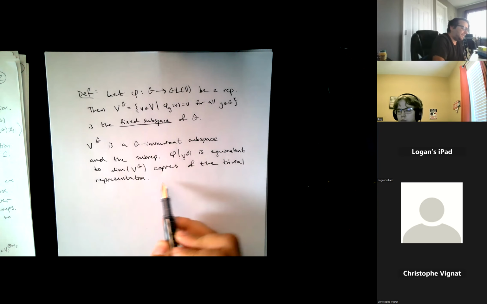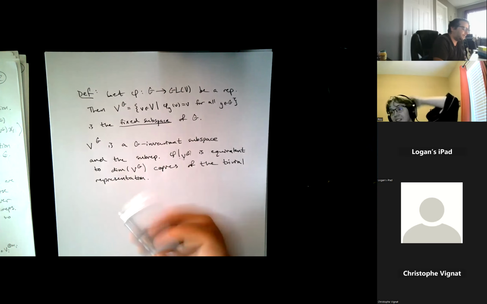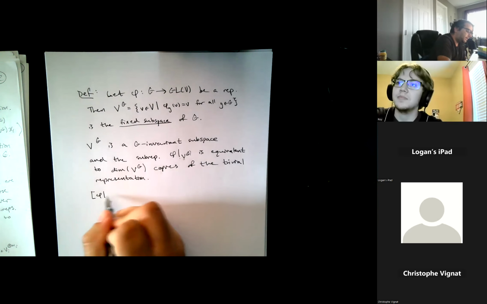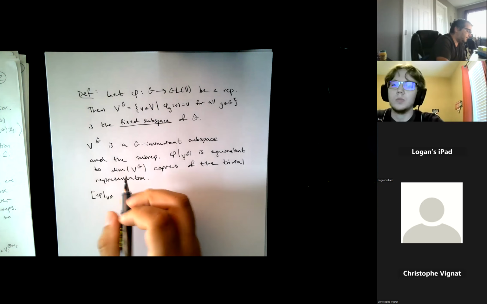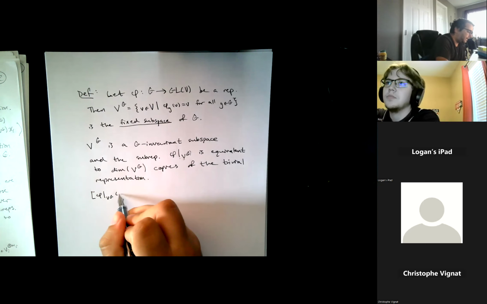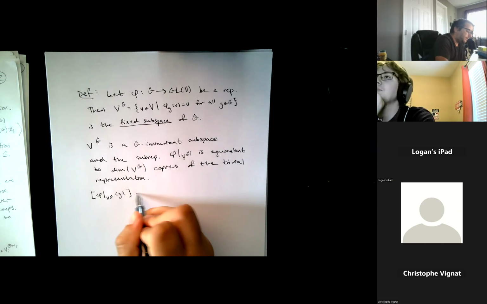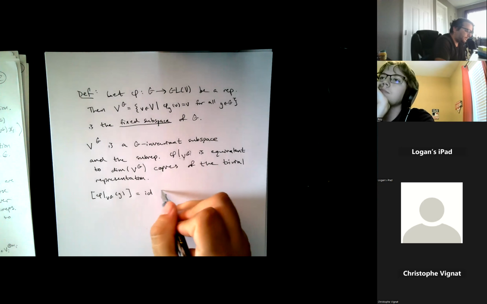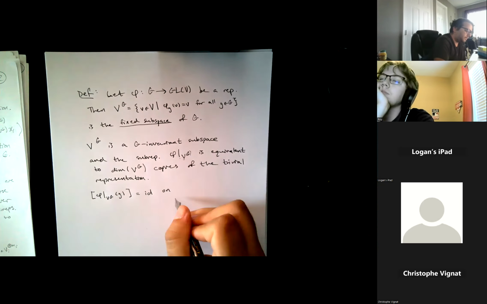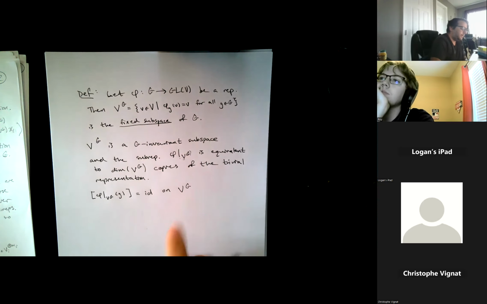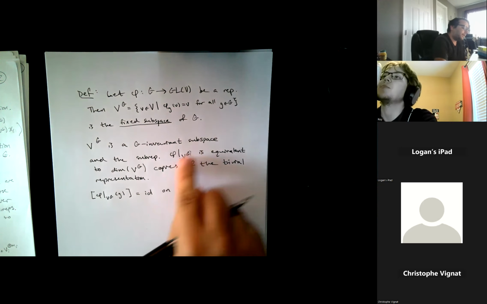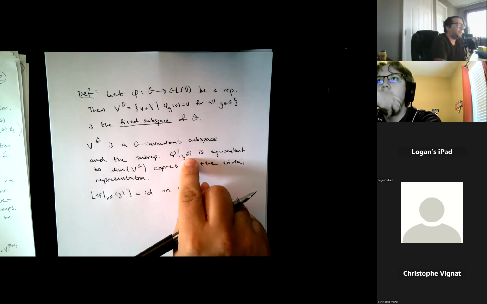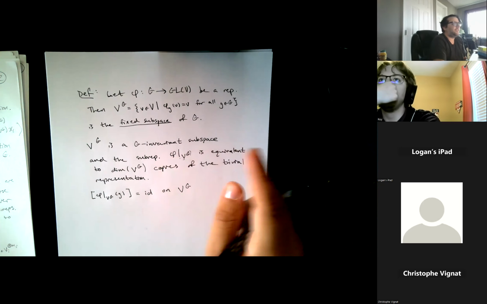So how do we see that this is equivalent to copies of the trivial representation? Well, remember the matrix of phi restricted, applied to g, is the identity, that's the trivial representation on V^G. Why is it the identity? Because if I apply phi g to an element of V^G, it does nothing.